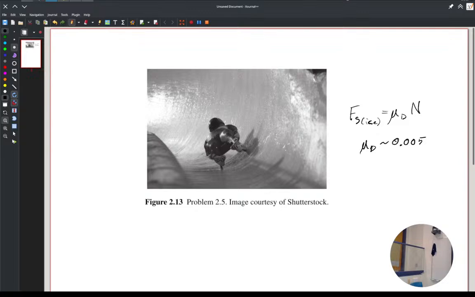Oh, interesting. So are the normal and friction forces at an angle to each other? I guess the normal force follows the surface as it curves. It's not directly on.